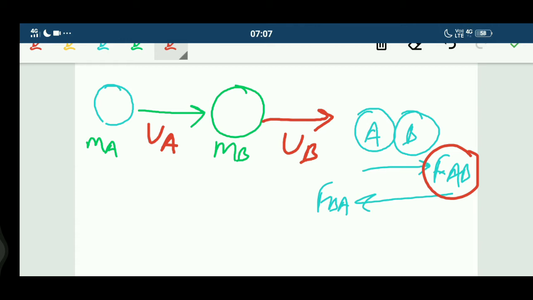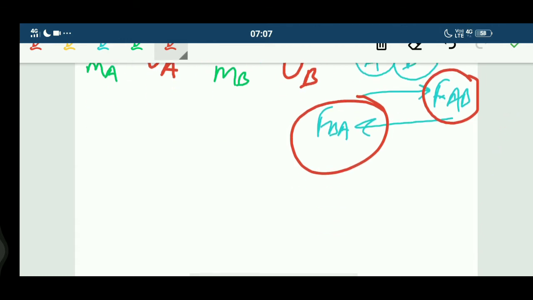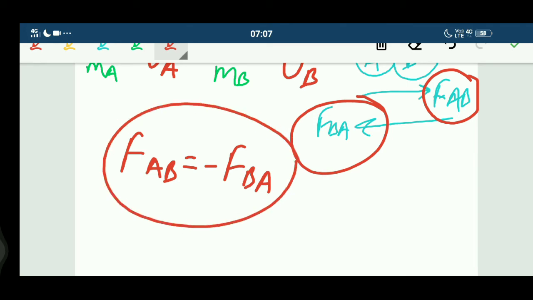And the force BA that you can see here is a reaction. In this case, the force BA is exerted by ball B on ball A. So this is reaction. They must be equal and opposite to one another. So can we write this as FAB is equal to minus FBA? I hope this is clear to everyone.